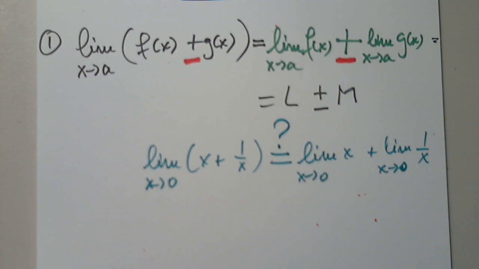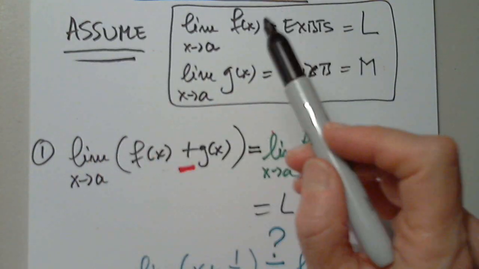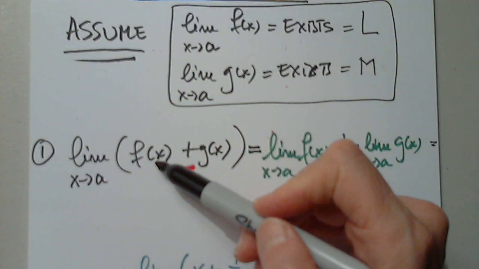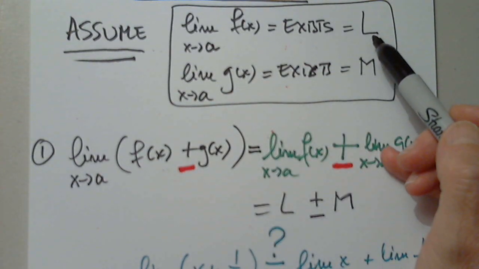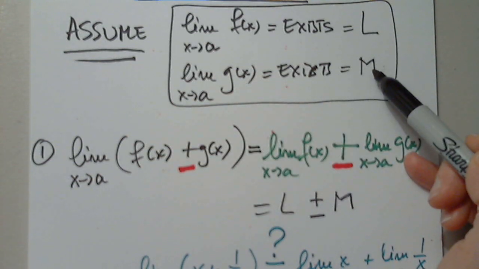Yes, according to the law, yes. So the assumption was that the limit of the first piece exists, and the limit of the second function exists.